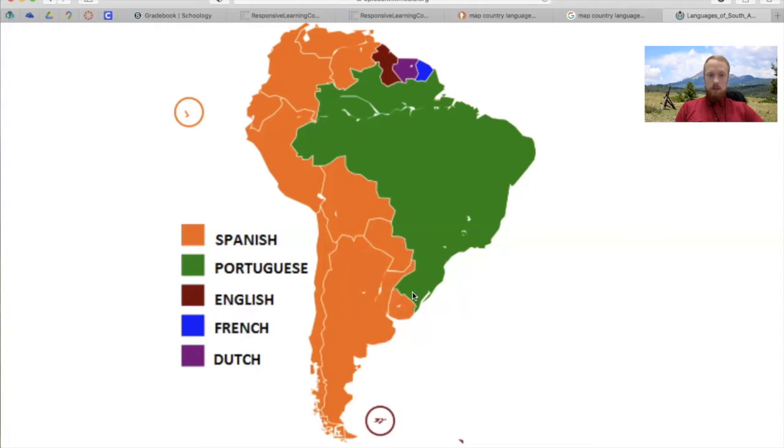So the Europeans brought their religion to South America and it spread. So most of South America is what religion? It's Catholicism. Most people in South America adhere to Catholicism.